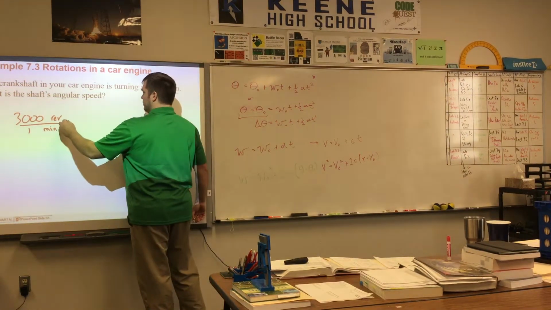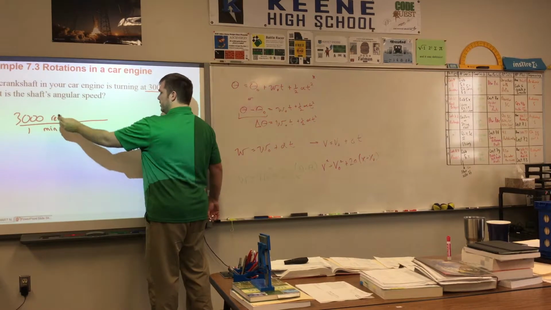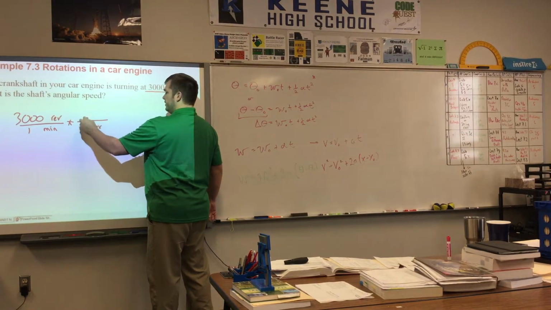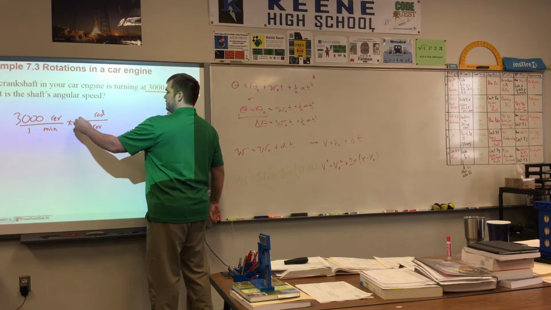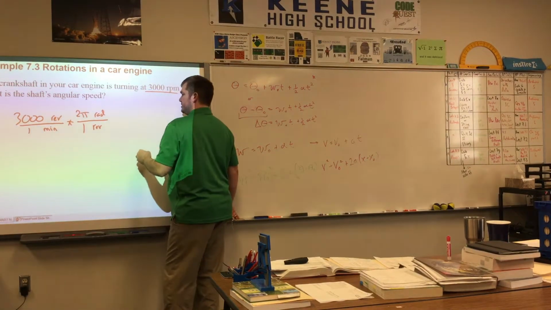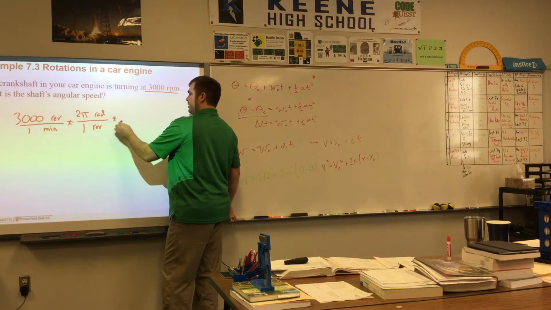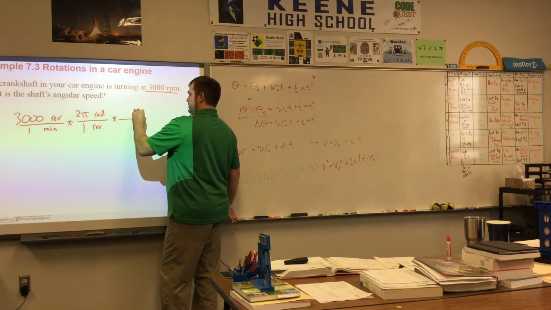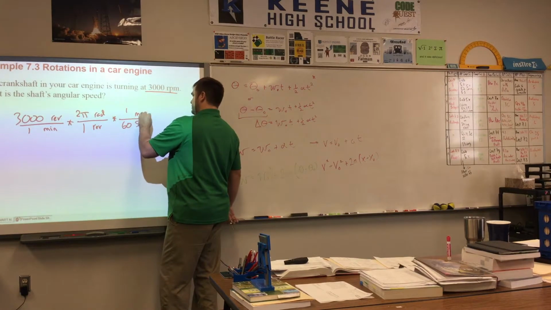Okay, so I'll put revolutions down here and radians up here. So 1 revolution is 2 pi radians, and I've got minutes. Cancel out minutes. Seconds right down there. So 1 minute, 60 seconds.